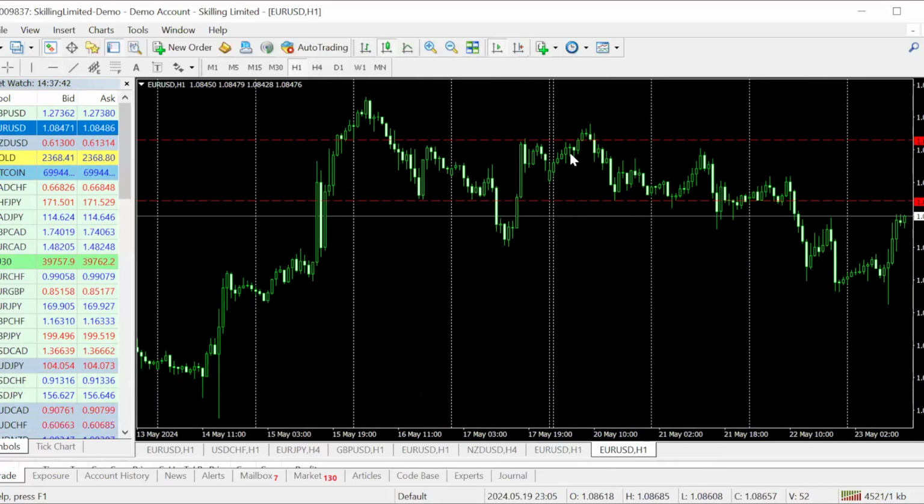So for some time, price was ranging from here, and we even went up all the way here. From here to here, but then it got here, came back here, and then came back to test here, went up here, and then came back here.